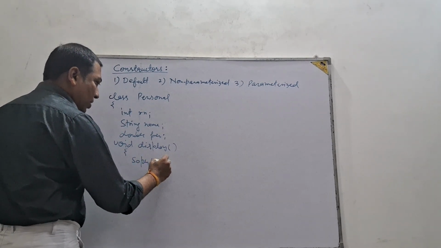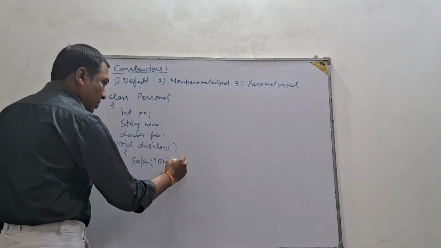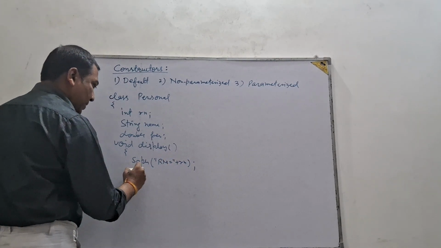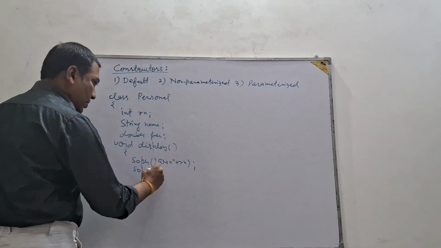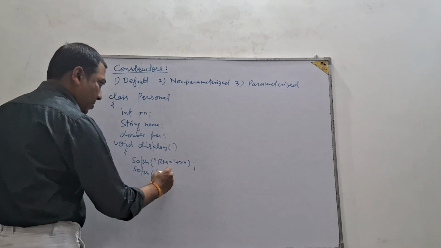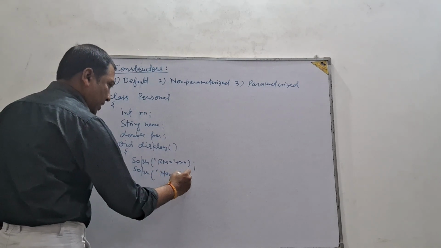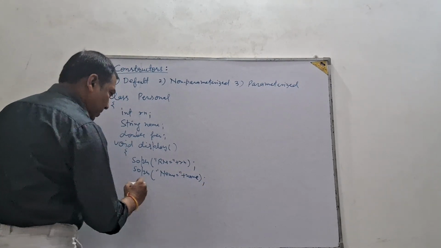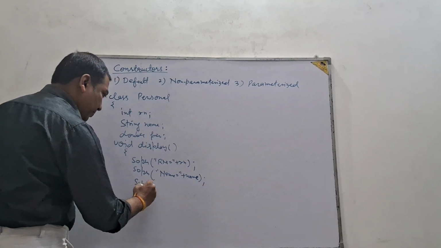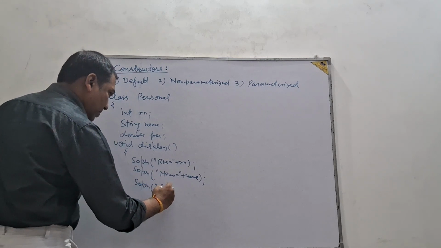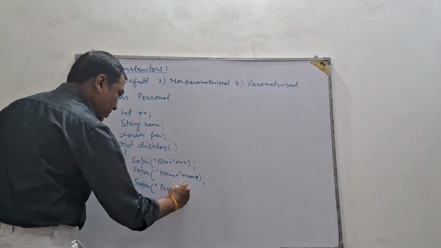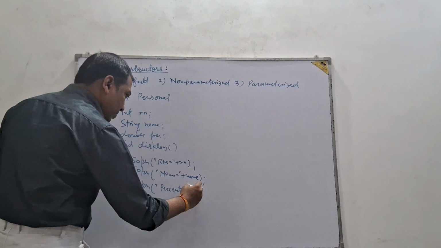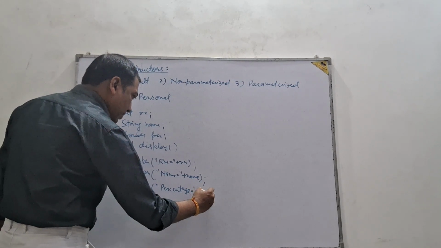System.out.println roll number is equal to plus rn, name is equal to plus name, and percentage is equal to plus percentage.